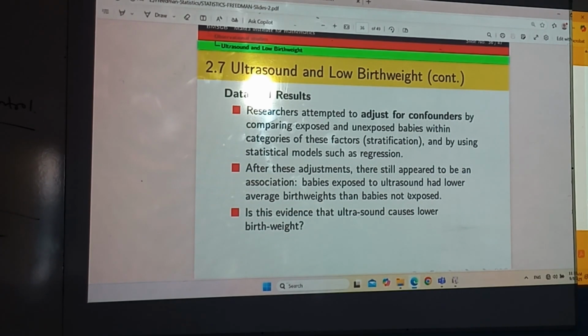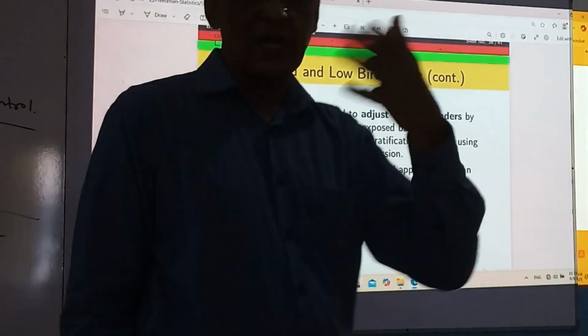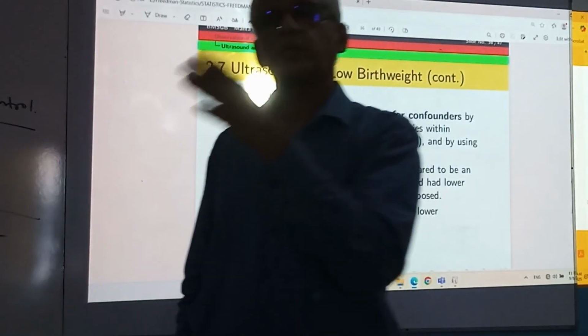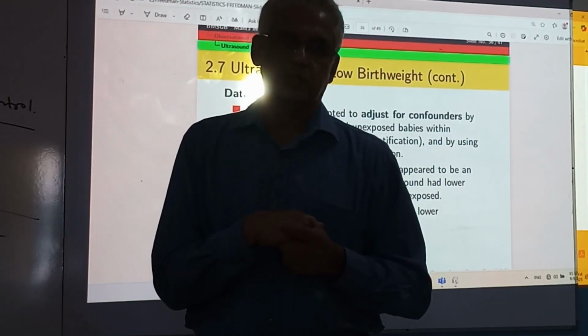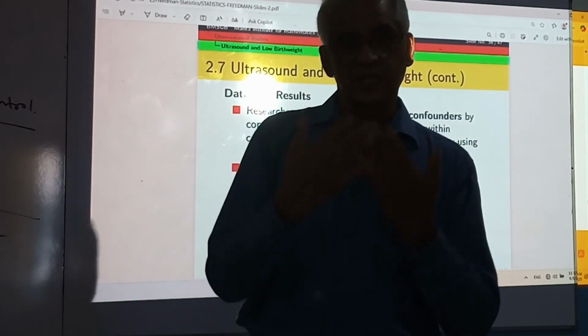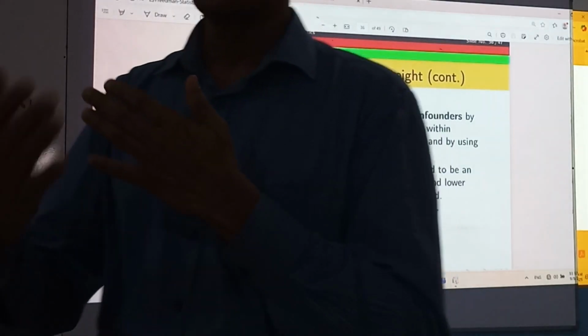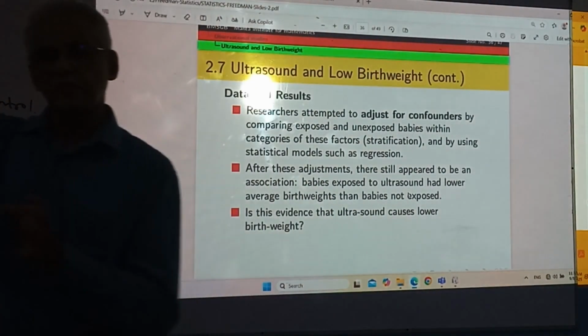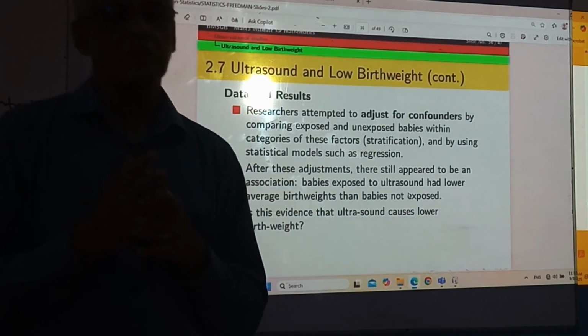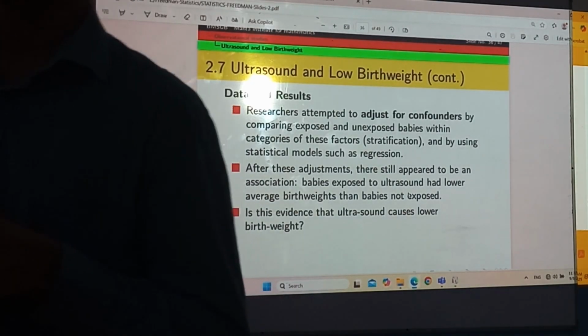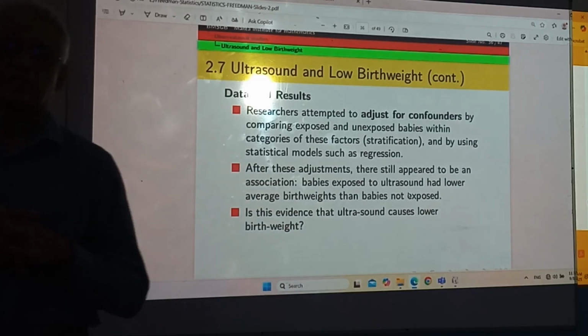What they did in that time, before doing the experiment, was in the analysis, once they found out that there was this confounding variable, they did some adjustment to remove the effect of this confounding variable. As I mentioned earlier, there are different techniques. One technique is called regression analysis.